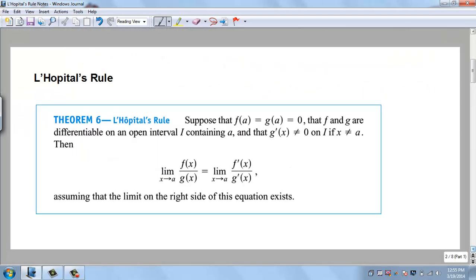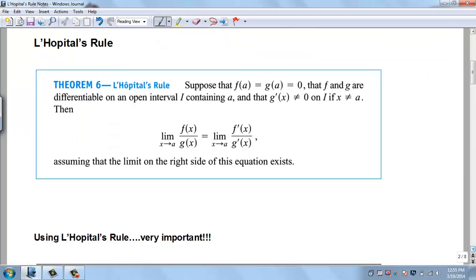Now, when we do L'Hopital's rule, we first have to figure out what this rule is. I think this is one of the best ways to find limits. L'Hopital's rule goes as follows. Suppose you have f of a equals g of a equals 0.